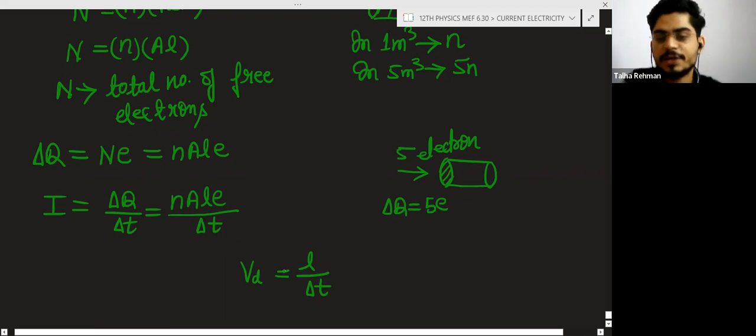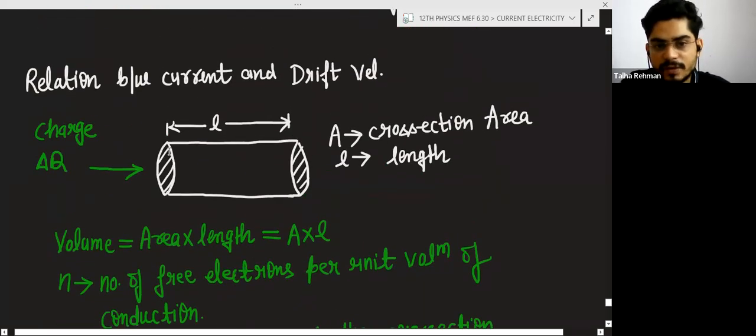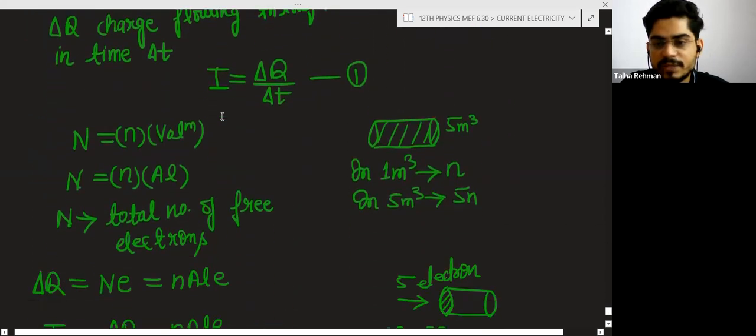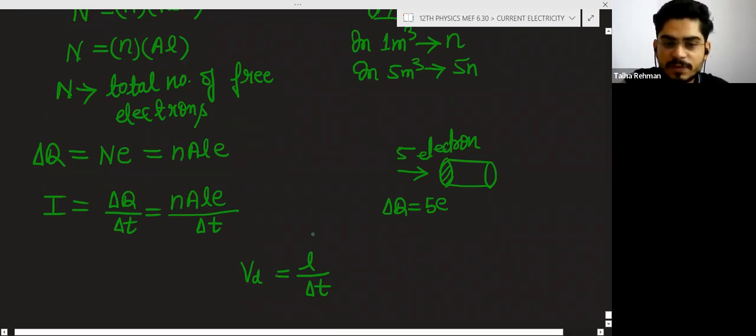L is the distance, means the length of the conductor, and delta T is the time, meaning the electron is traveling the L length in delta T time. So this will become the drift velocity.